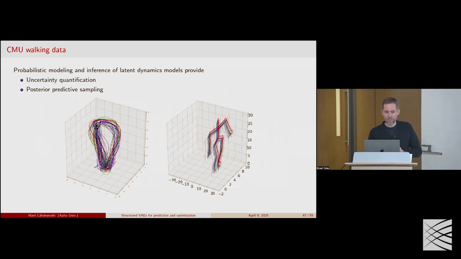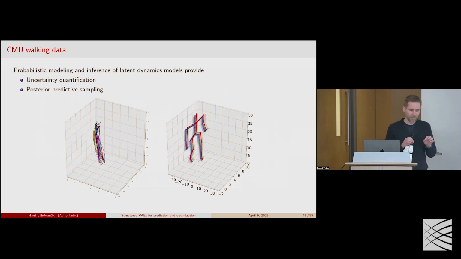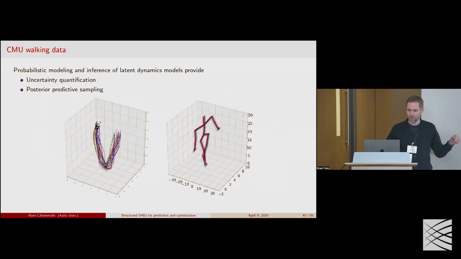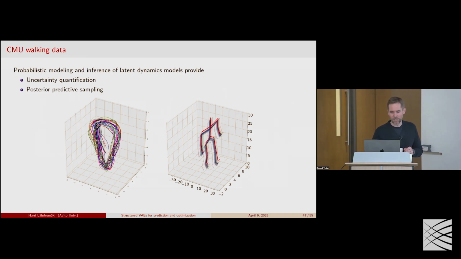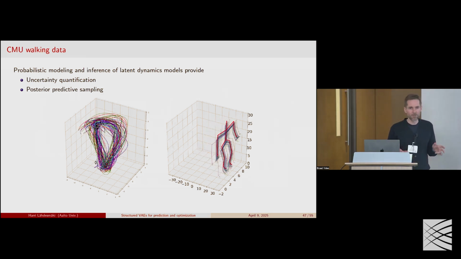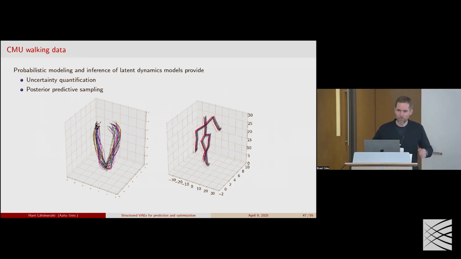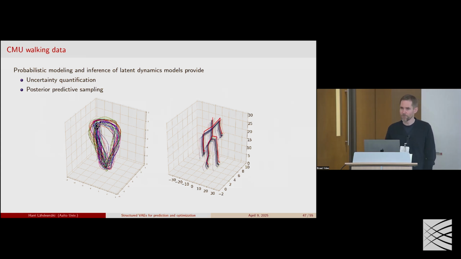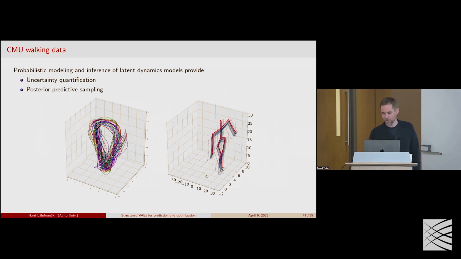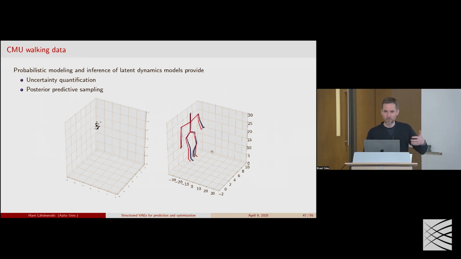And then starting from the initial state, we sample the parameters and initial states multiple times, and you can interpret these lines as samples from the posterior, demonstrating how the amount of uncertainty increases while the person walks further to the future. And this is the corresponding reconstruction in the actual data space.